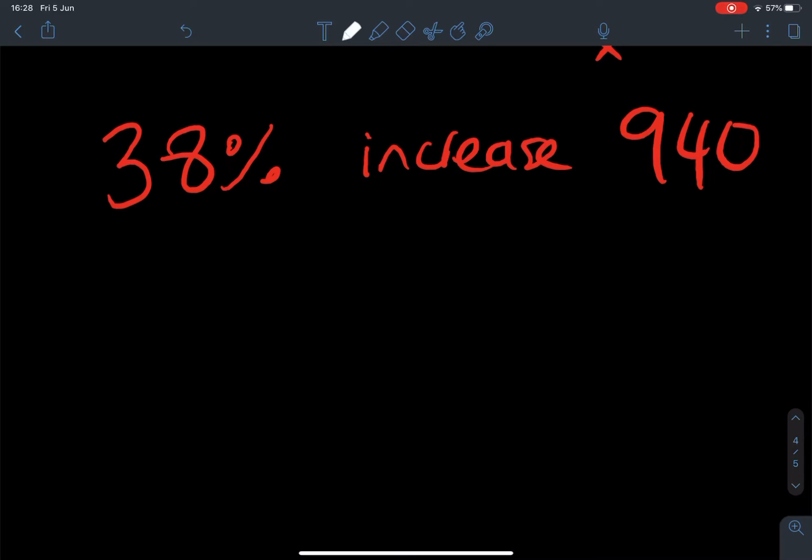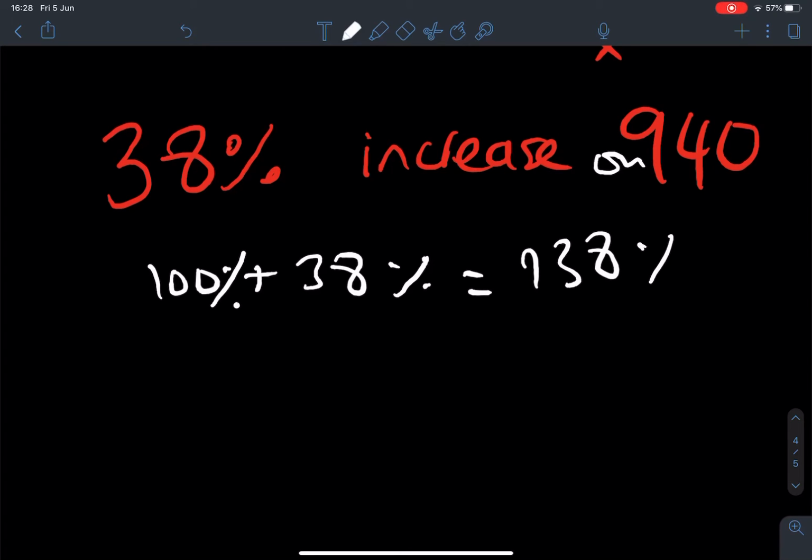Okay, so hopefully you've had a chance to pause this video and try it out yourself. So 38% increase on 940, or you increase 940 by 38%. So because it's an increase, it means you go up. What do you add it on to? The original value, which is 100%. So actually, you're going to do 100 plus 38%, which is 138%, which is 1.38.